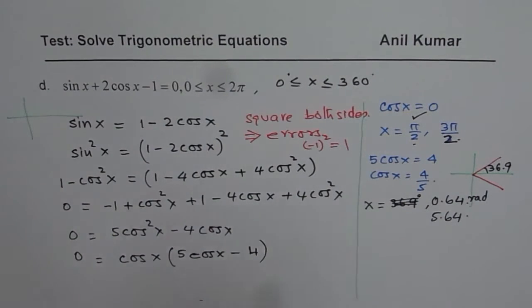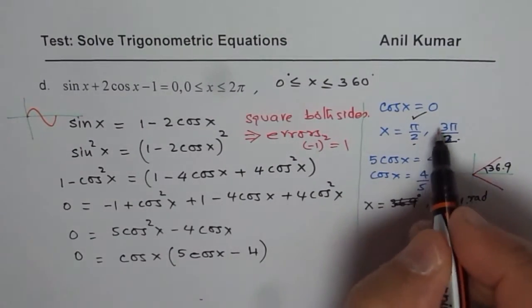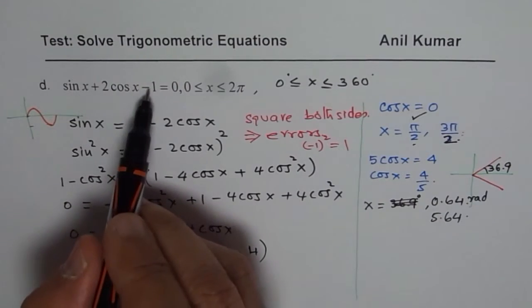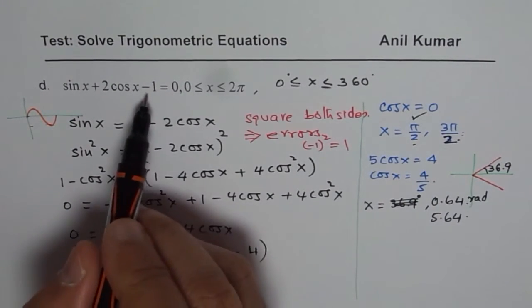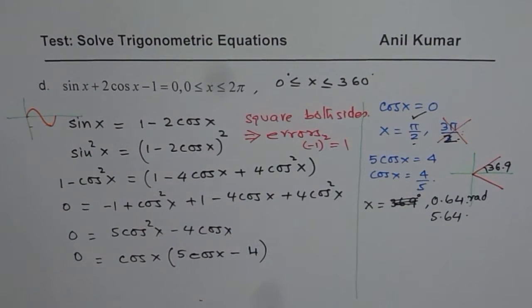Let me sketch a small sine curve here. When I substitute 3 pi by 2, we get negative 1, and negative 1 and negative 1 makes it negative 2, not 0. So this is not the right solution, and that is what you have to take care of.